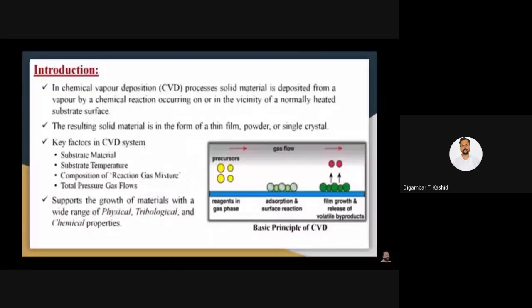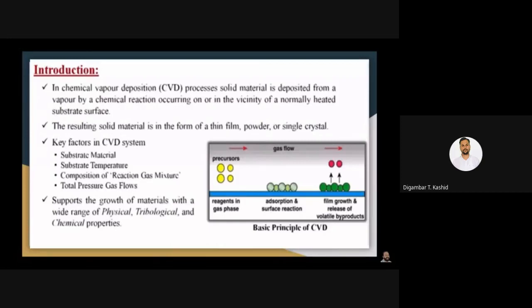From this diagram shown in the slide, we can understand that there are precursors, which are reagents in the gas phase, then the gas flows, then there is absorption and surface reactions taking place with the substrate itself, and at last the film grows on the substrate material and releases volatile byproducts, maybe some toxic or impure gases.